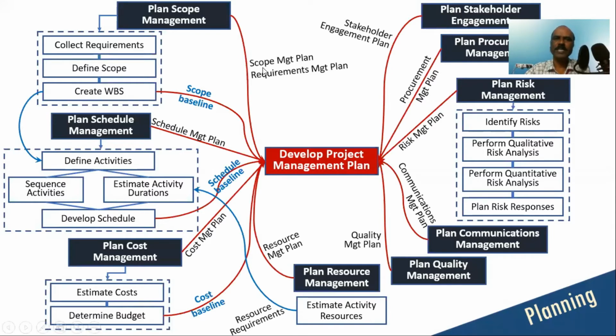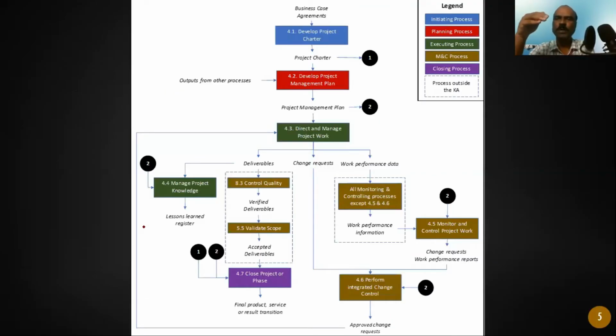It could be scope management plan, it could be scope baseline, schedule management plan, schedule baseline, cost management plan, cost baseline, resource management plan, quality management plan, and so on, right? All the inputs to this process. This comes from various other processes. They are output from other processes. So you need to understand this logic that output from one process will go as an input to another process.